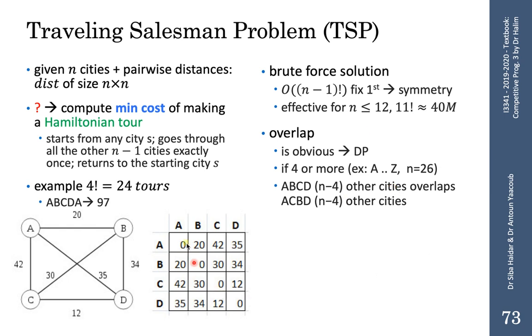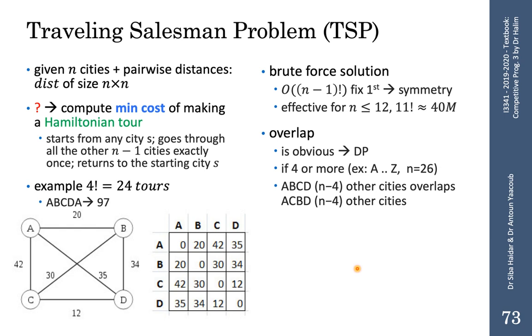You are currently at the same city, city D. You will be left to visit the cities from E to Z, and you have to go back to A. So these two different states share an overlapping state. The overlapping here is very obvious.